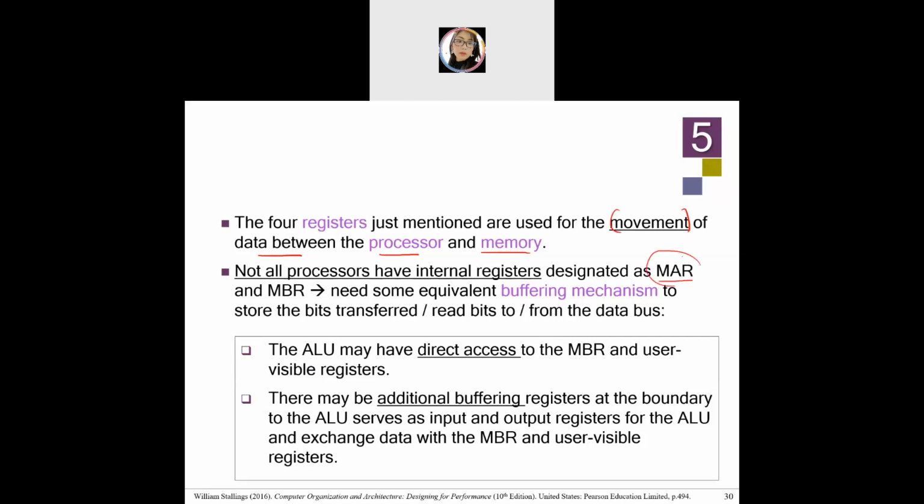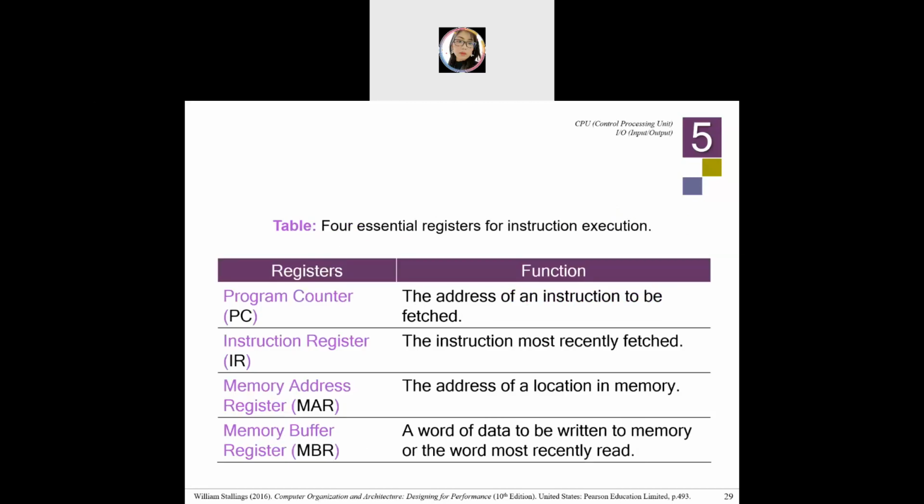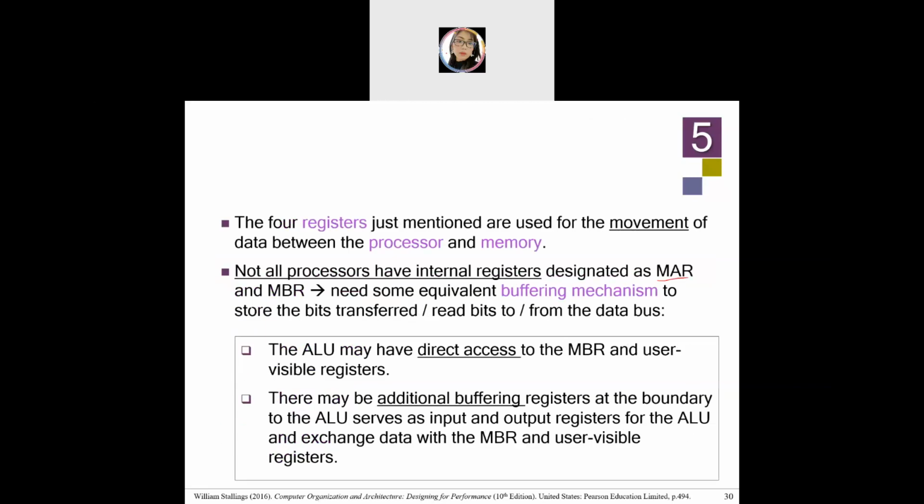I mentioned the full names just now, but after this we will use the short forms, so please make sure you know them already. This is MAR, memory address register, and MBR, memory buffer register. It needs some equivalent buffer mechanism to store the bits transferred, to read bits to and from the data bus.